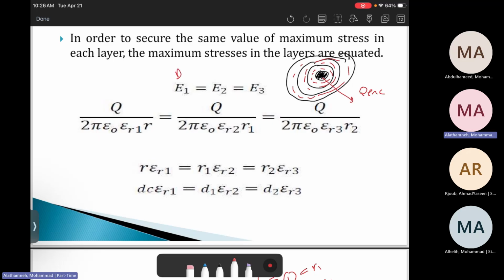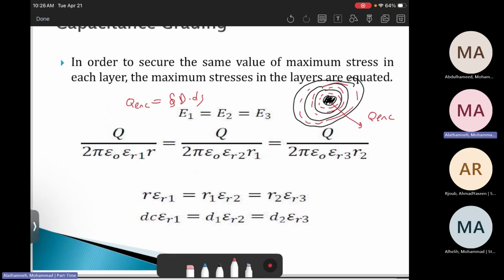Because, as we know, the integral of D, the dielectric materials, times dS is, according to the formula, the Q enclosed.